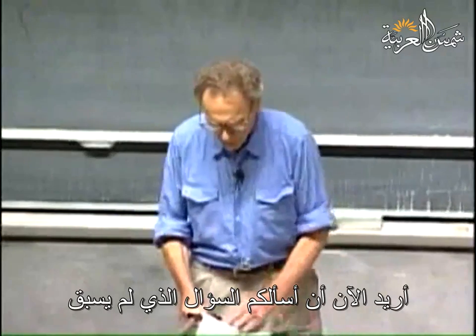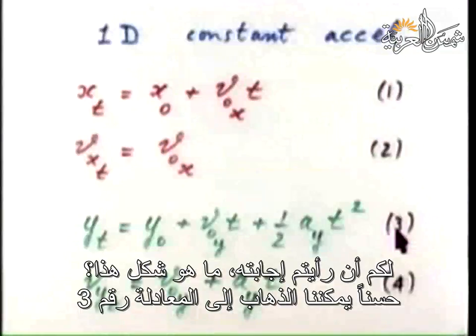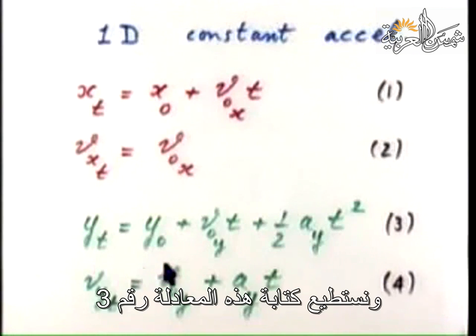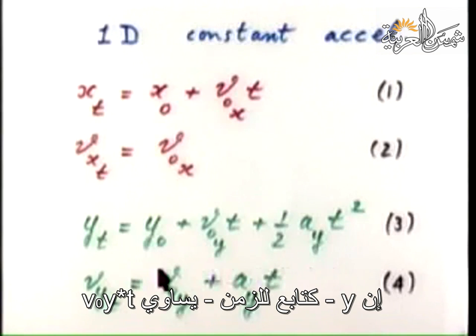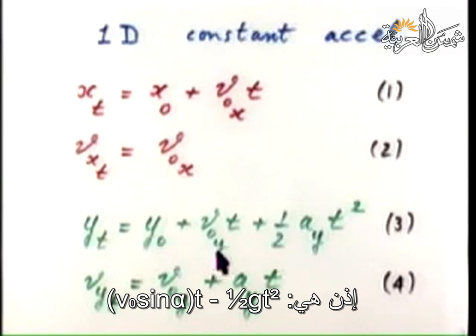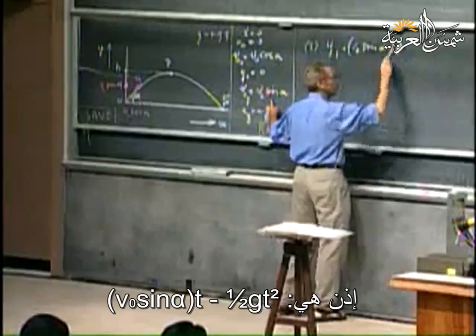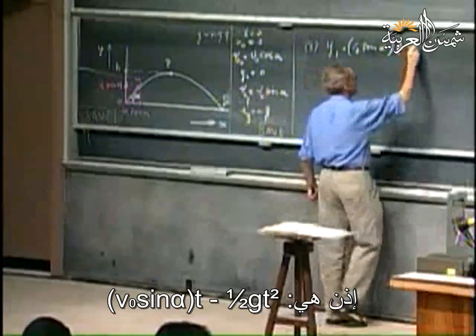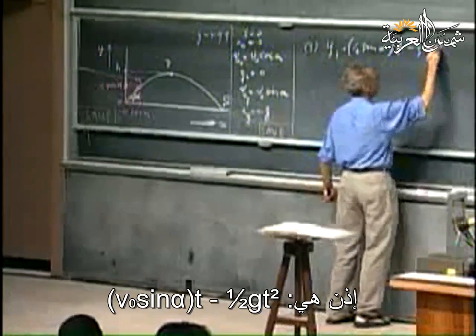I now want to ask first the question that you may never have seen answered: what is the shape of this? Well, we can go to equation number 3 there, and we can write down that y as a function of time equals v0y t, so that is v0 sine alpha times t minus 1/2 g t squared.